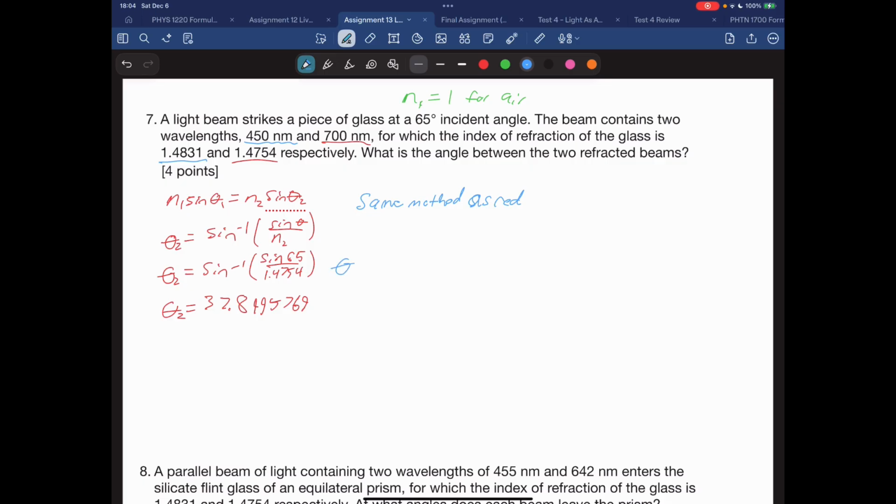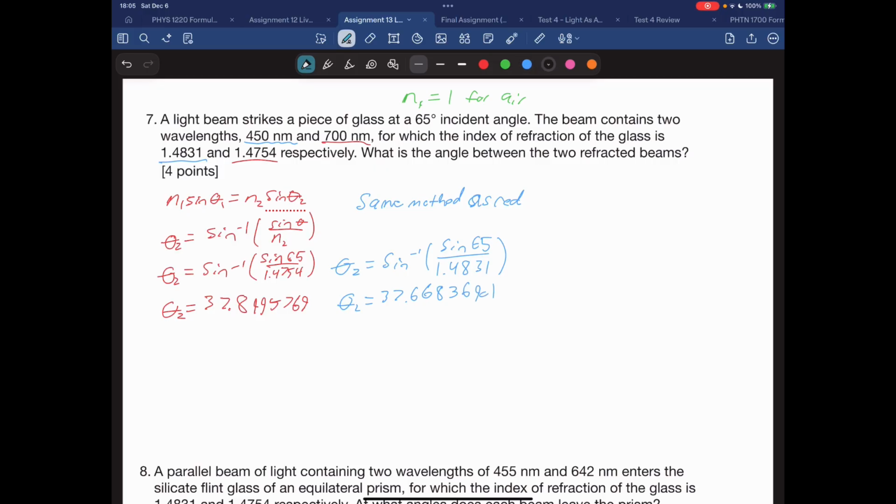The only real difference is that my index of refraction changes to 1.4831, and this gives me an angle of 37.66836901.